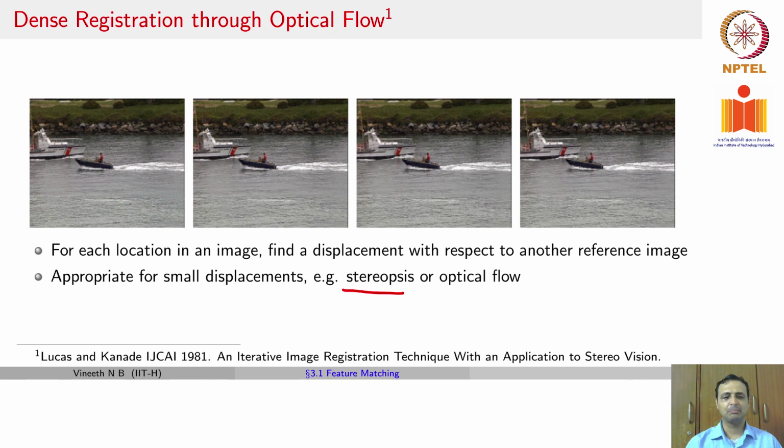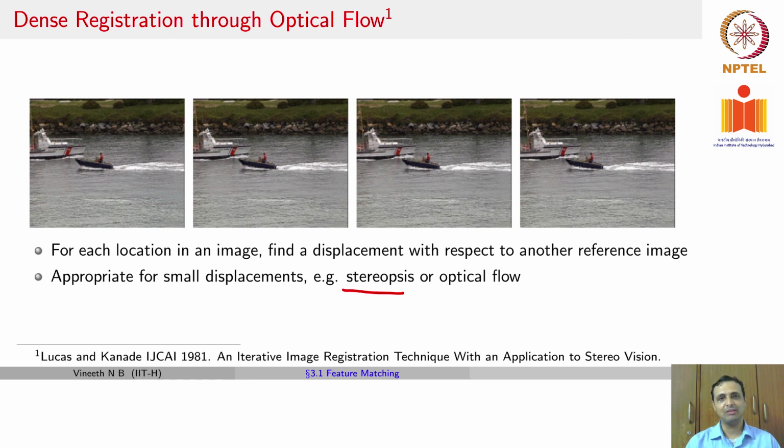We'll start with a very simple method called dense registration through optical flow, a fairly old method which pertains to a setting where you have very small change between different images. Taking the example of your cell phone, if you gradually move your cell phone over a scene to stitch a panorama, the differences between successive images are going to be very little.